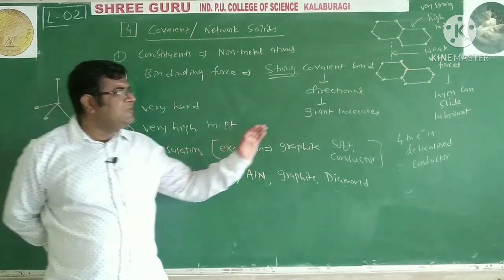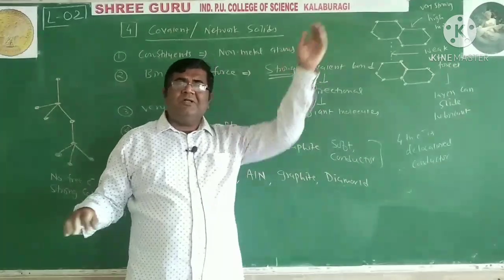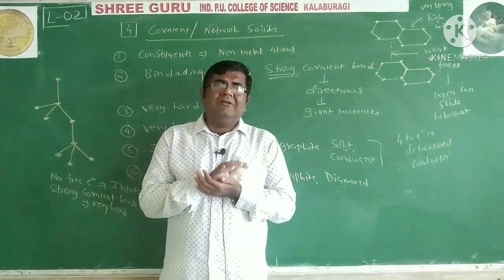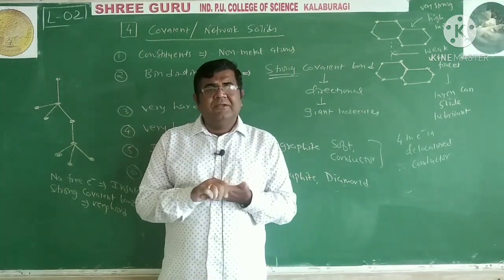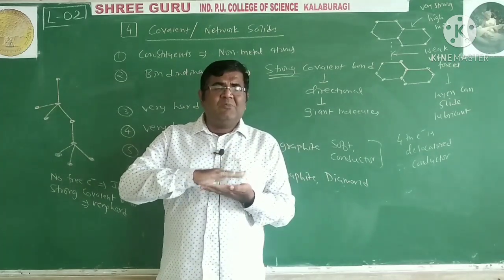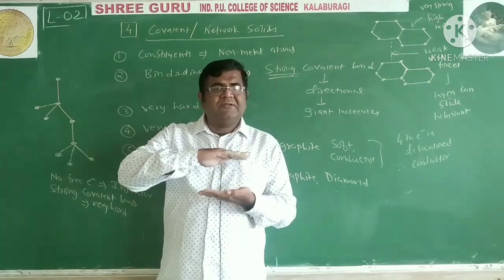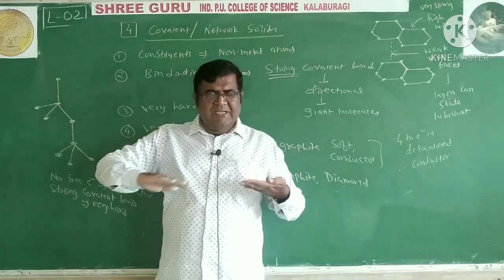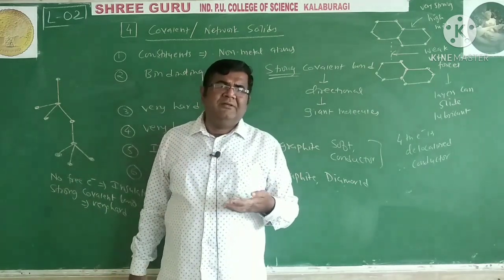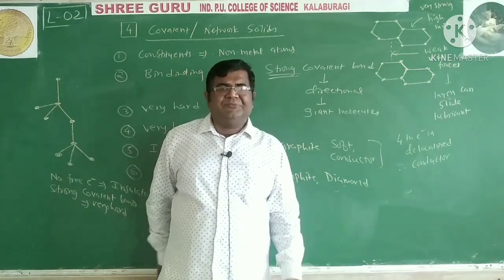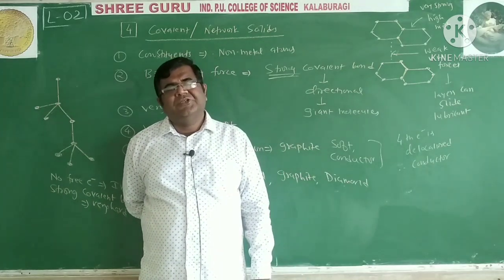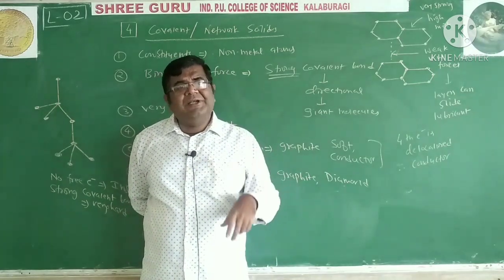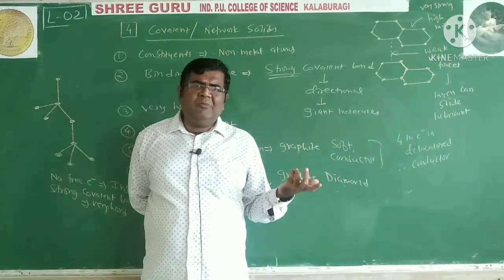Why can graphite be used as a lubricant? Because it has hexagonal rings in 2 layers which are bonded by weak van der Waals force. 2 layers can slide and it can minimize the friction, and that's why it is a lubricant. Why does graphite have a very high melting point? Strong covalent bonds are present.